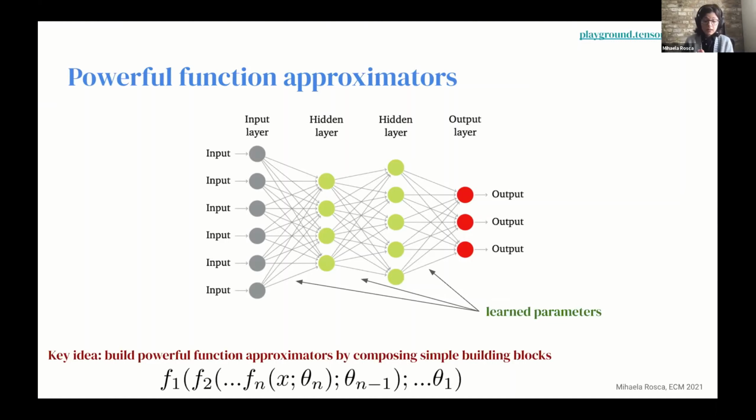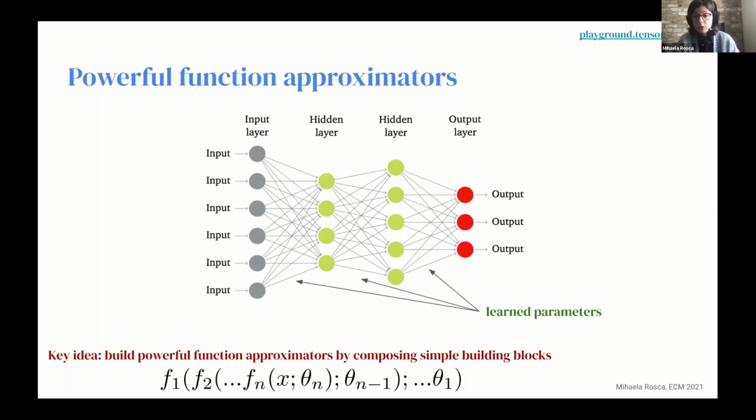The idea here is that we will take very simple building blocks and we will compose them to build quite complicated functions. Some of the simple building blocks can be linear operators, such as just matrix multiplication, or convolution operators that have parameters that we're going to learn. So for example, we might learn a weight matrix.